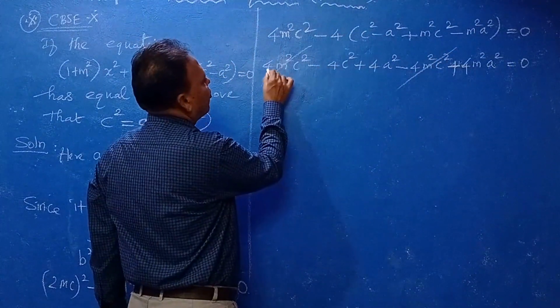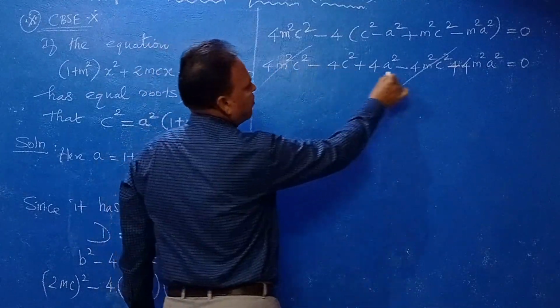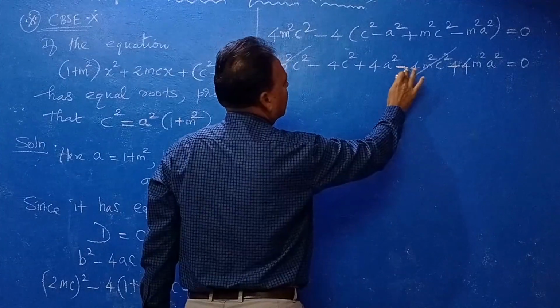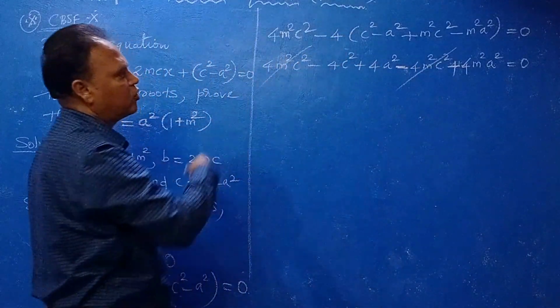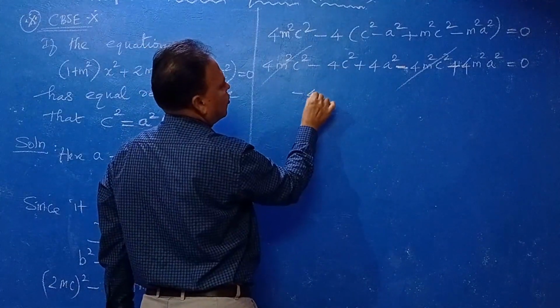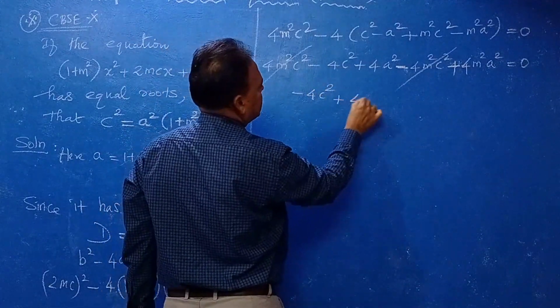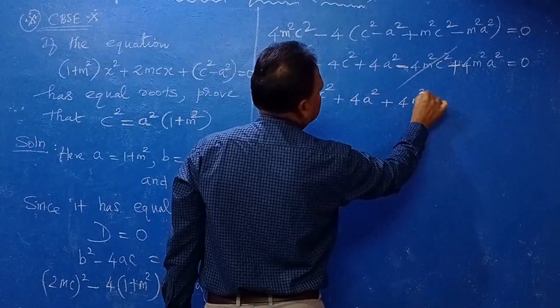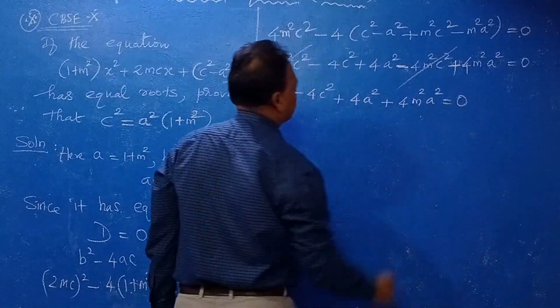Now you see one 4m squared c squared and one minus 4m squared c squared. Both are the same but with different signs, so they give 0. Now write the remaining: minus 4c squared plus 4a squared plus 4m squared a squared equal to 0.